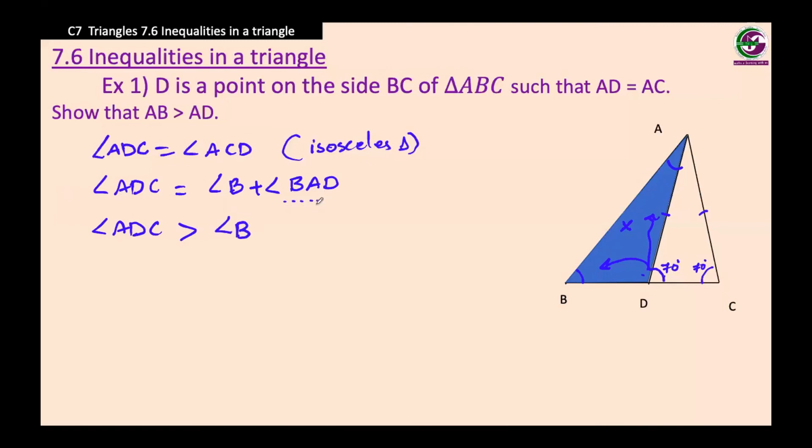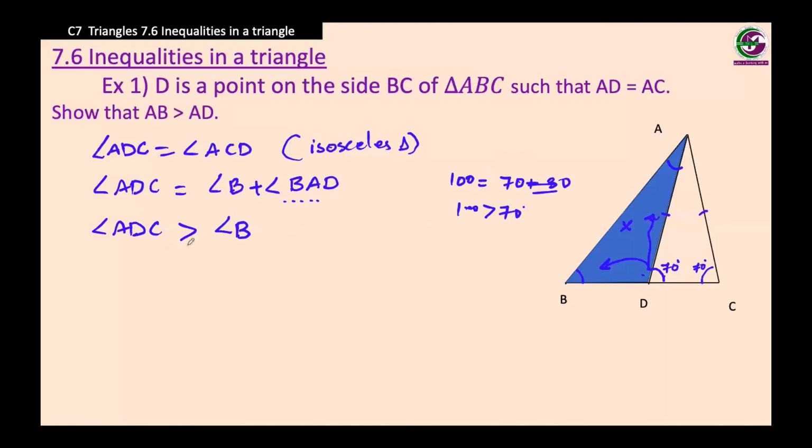When you remove a positive number, the left side will become larger. For example, look at this one. 100 is equal to, let's say, 70 plus 30. So if you take only 70, 100 is greater than 70. This is the fact that we apply here.